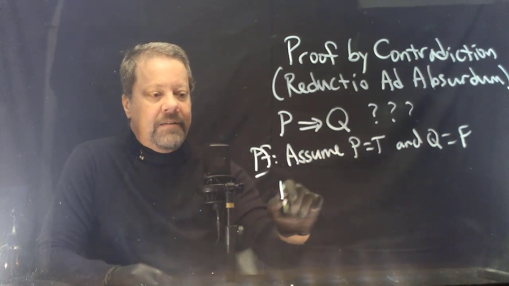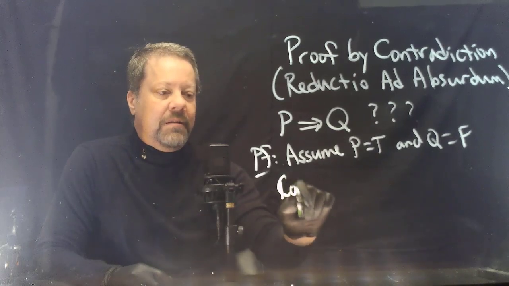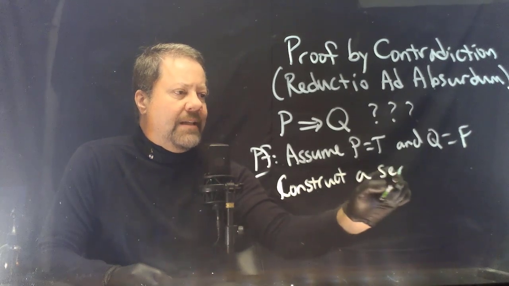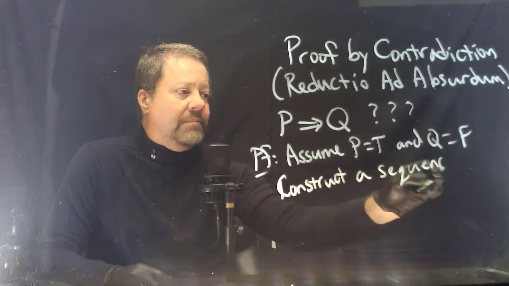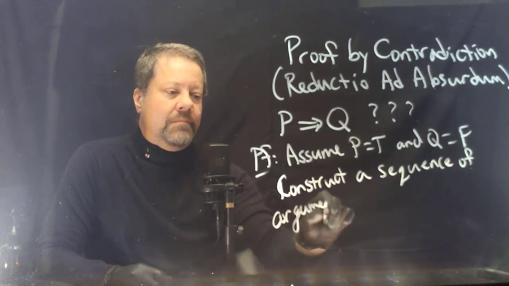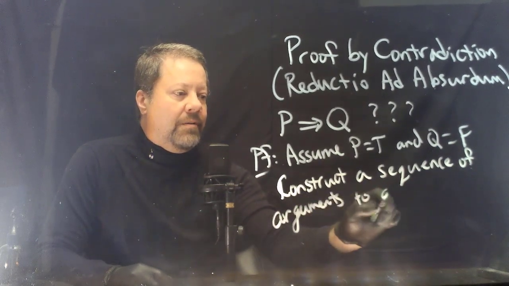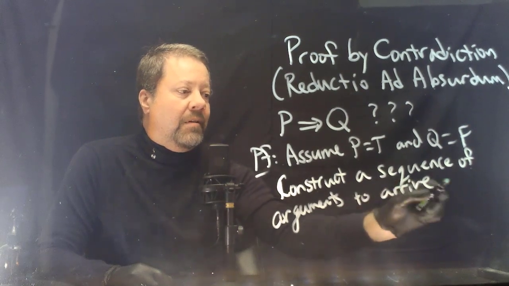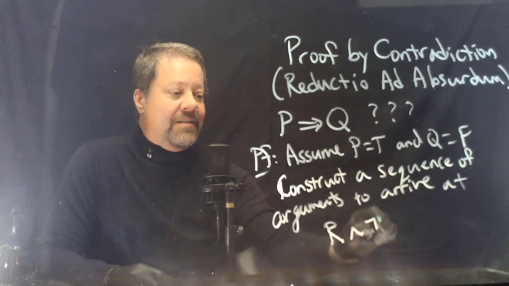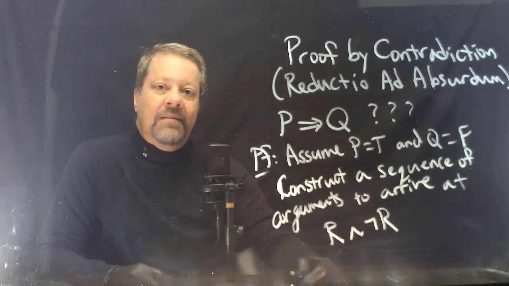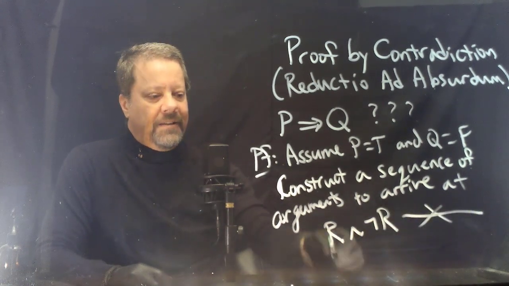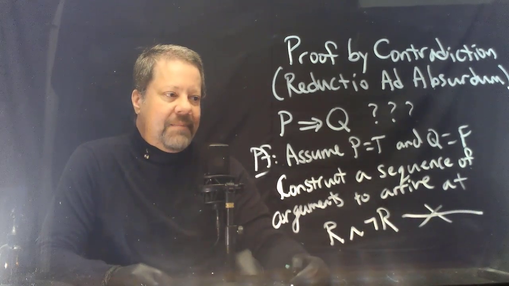You then construct a sequence of arguments to arrive at some proposition and its opposite to be true. This is a contradiction. Something is true and it's not true at the same time.